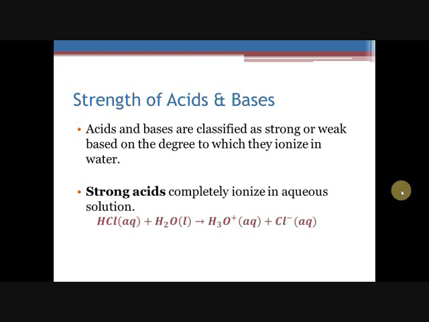Here we have an example of hydrochloric acid breaking down with water, and it makes hydronium and then the chloride ion. There's no hydrochloric acid left, no HCl together, so we say that's completely ionized.